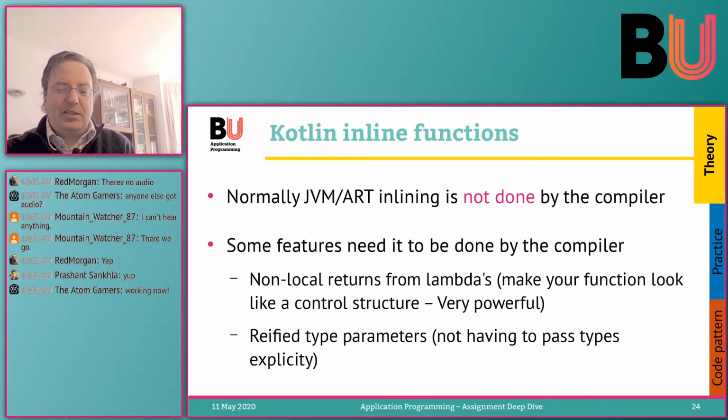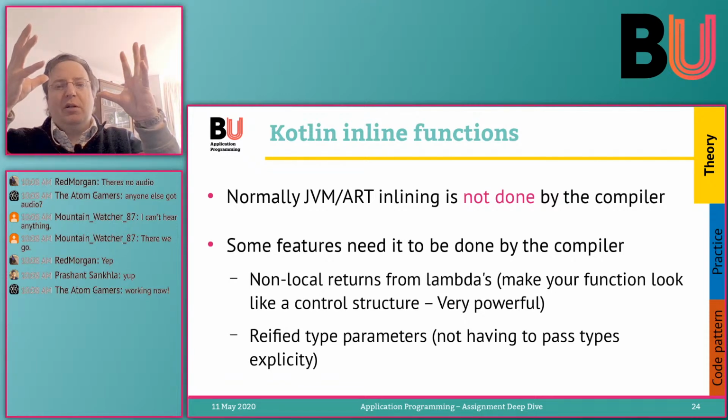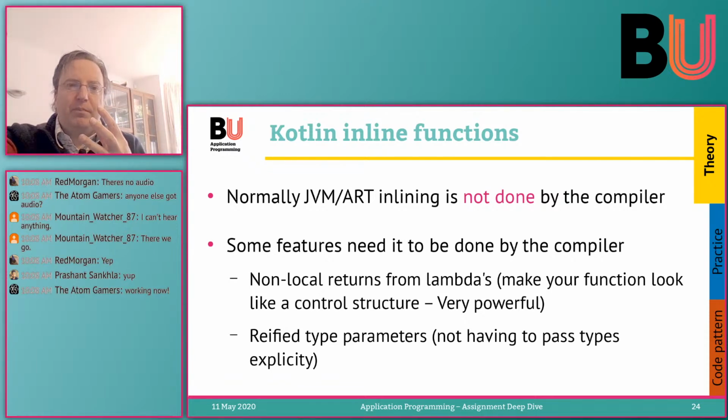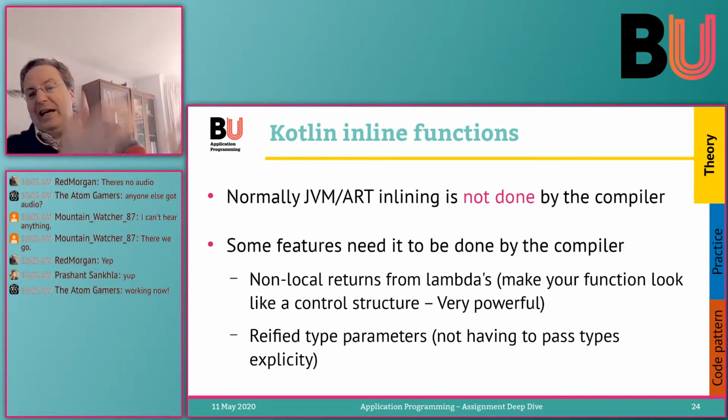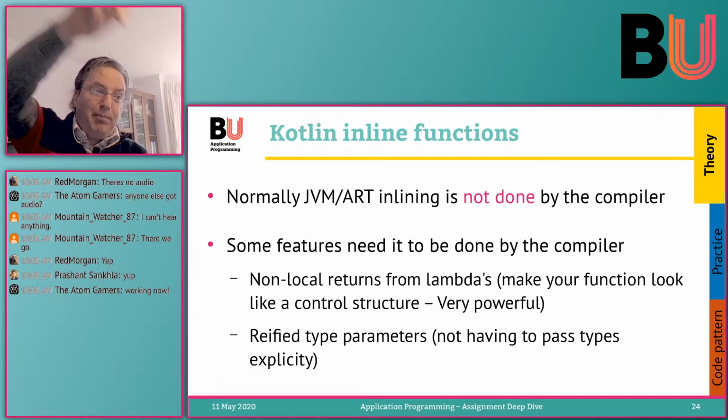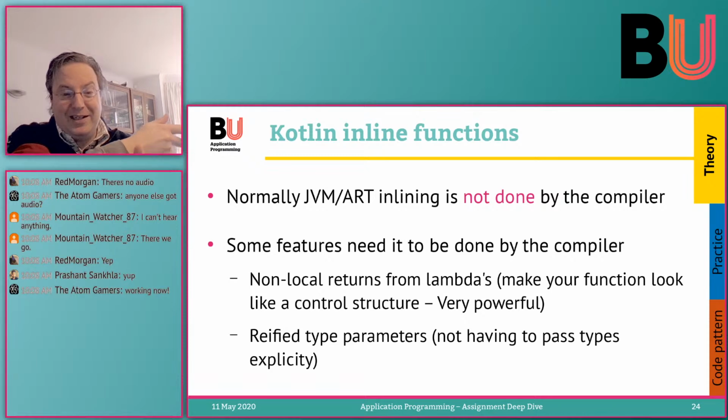That's a very powerful construct. If you have a function that takes a lambda parameter and that lambda then returns through that function to the function that was calling it, that's what your run and your let and your apply, etc. do. You basically pass through that function.